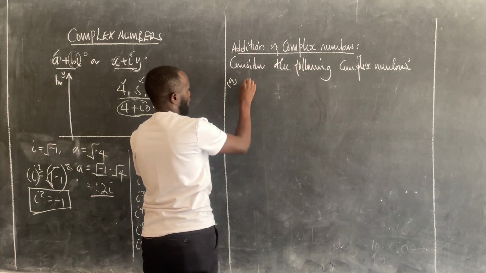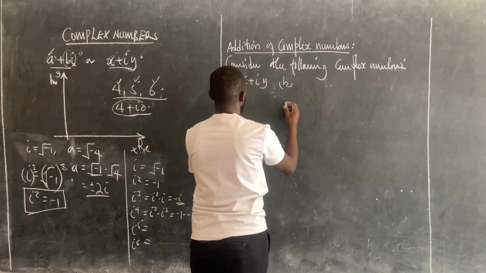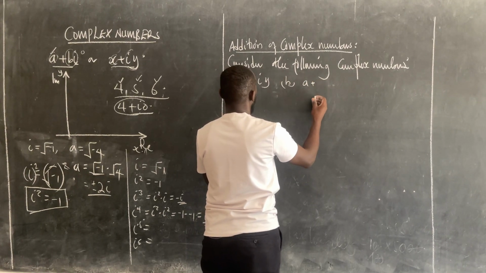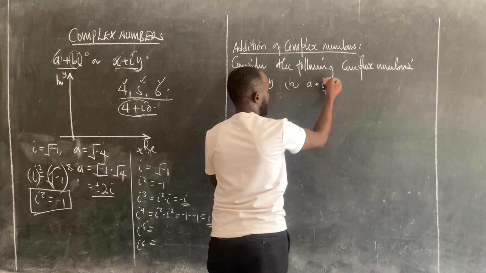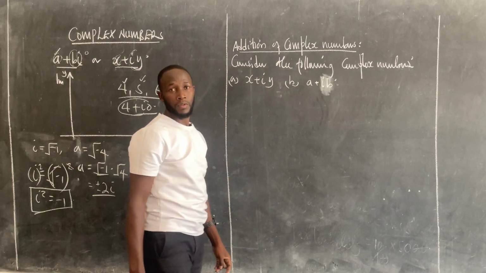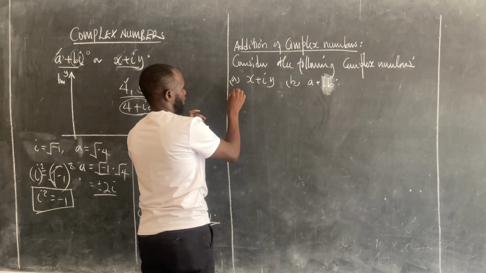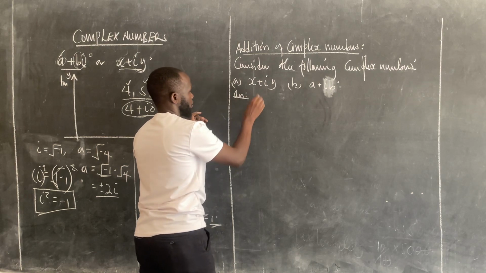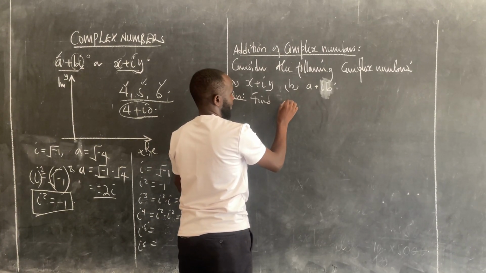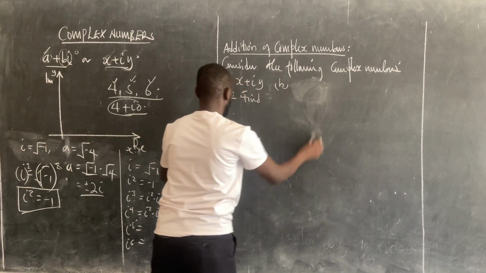Part A, x plus iy, and part B, a plus ib. If I had these two complex numbers, then someone said, find A plus B. If I use a plus bi here and yet I have a and b, it may disturb.